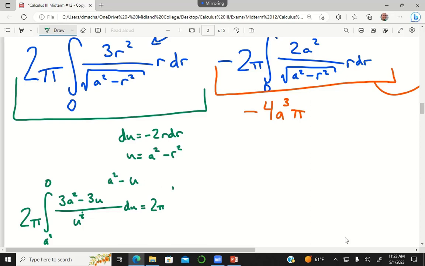So I'm going to go ahead and break this out into 2 different integrals, where one of them is 3a squared u to the negative half, and then the other one is going to be minus 2 pi integral a squared to 0. Shouldn't it be negative instead of the 2? Like negative 2, negative pi, negative pi times that.